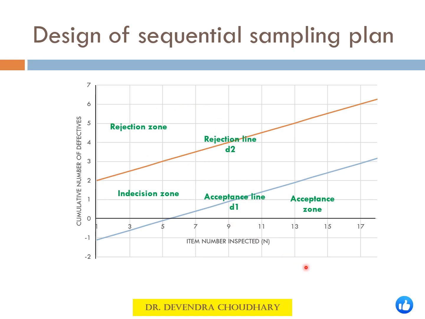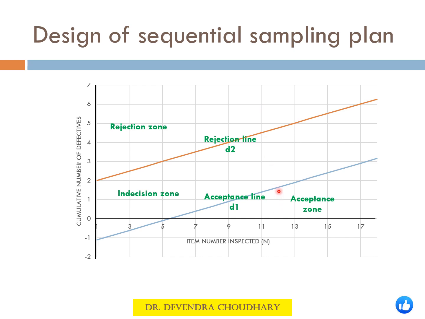So when we take an item and inspect it, and if the number of cumulative defectives falls on or above this rejection line, then this lot is rejected.